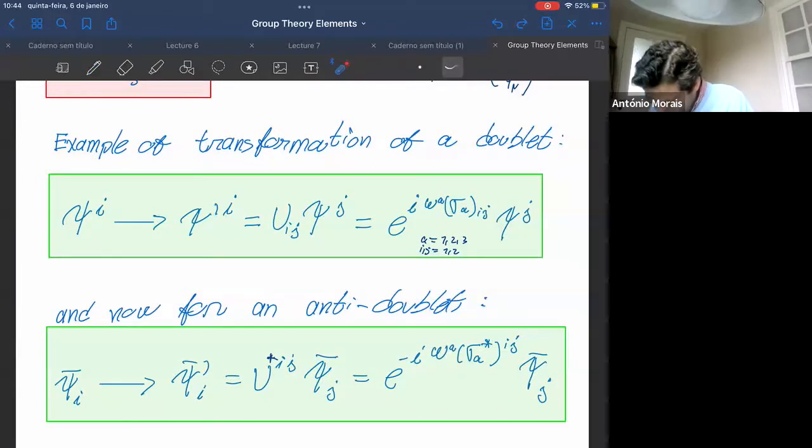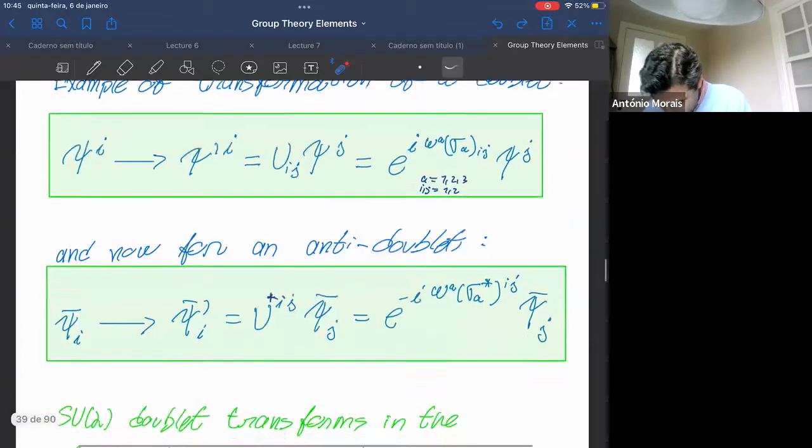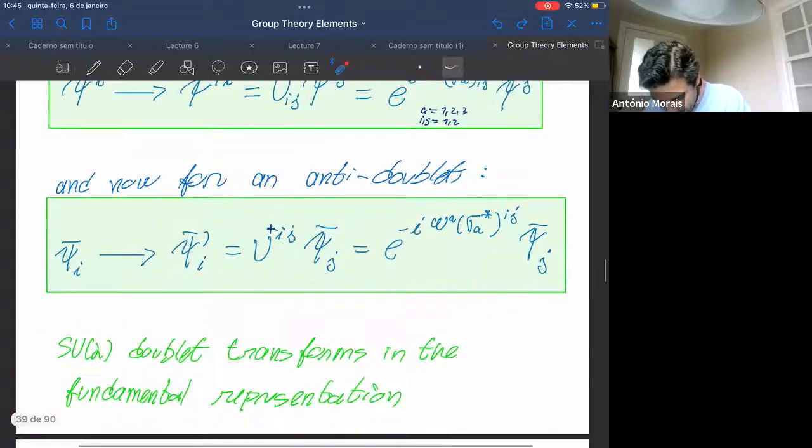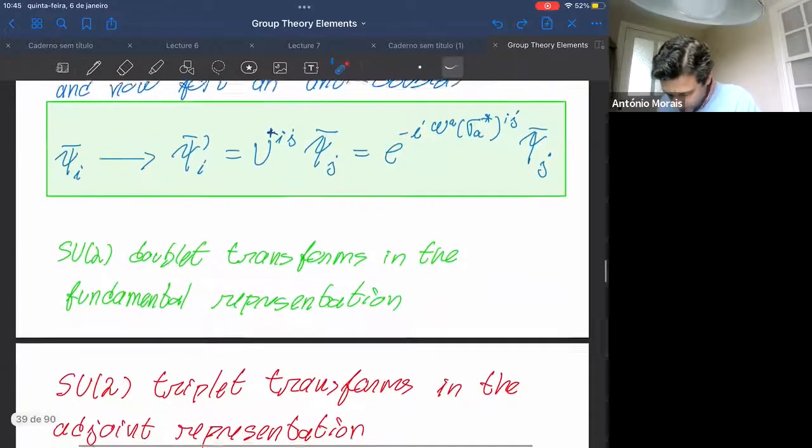Also, this omega is real. I remember that João Novo asked about something similar in the previous lecture, and these omegas are real parameters. So that's why you can write this. Right, so far so good. So an SU(2) doublet transforms in the fundamental representation that we have seen.